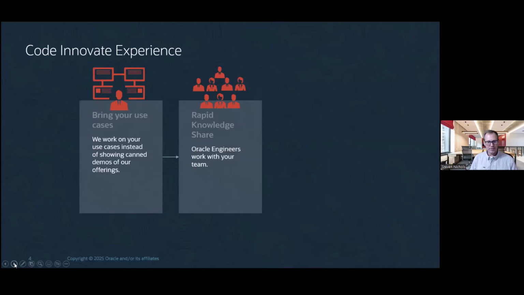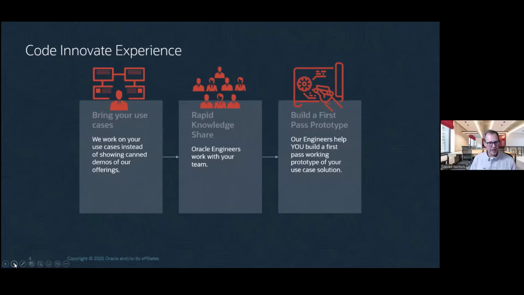And then during the event itself, we work in Zoom live 4 hours a day for 5 days straight, building out your use case. At the end of that 20-hour sprint, or 20-hour time commitment in that week, you would have built a first pass prototype or a minimum viable product.